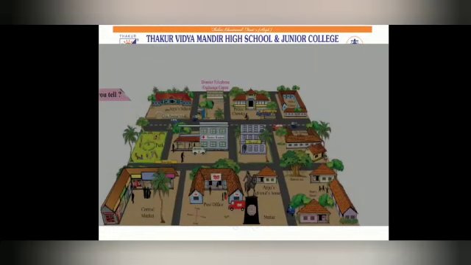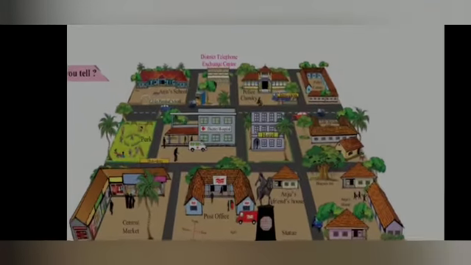In this picture, also, there are many natural and man-made things. This picture is a locality of a girl named Anju. In her locality, there are different things. Let us see it clearly.